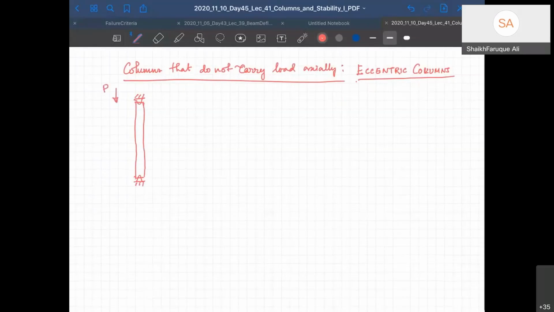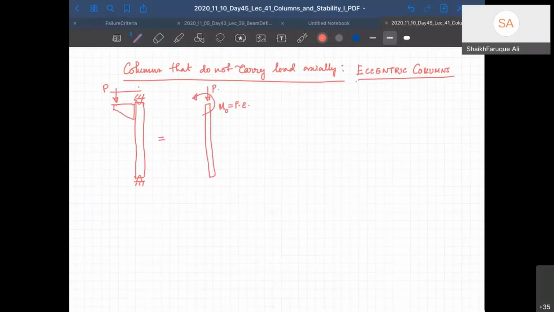Okay, and you have a gusset plate or some plate to hold that load and bring it to the column. So in that case, the column will not have only a load, it will have a load and a moment, which will be P into E. This is a load P, right?